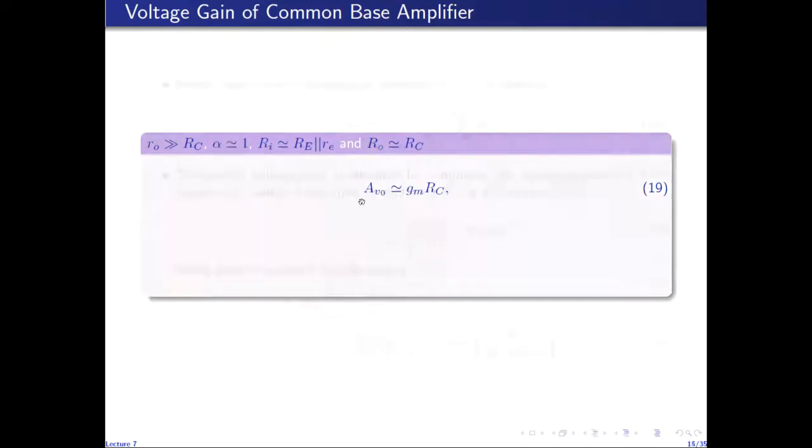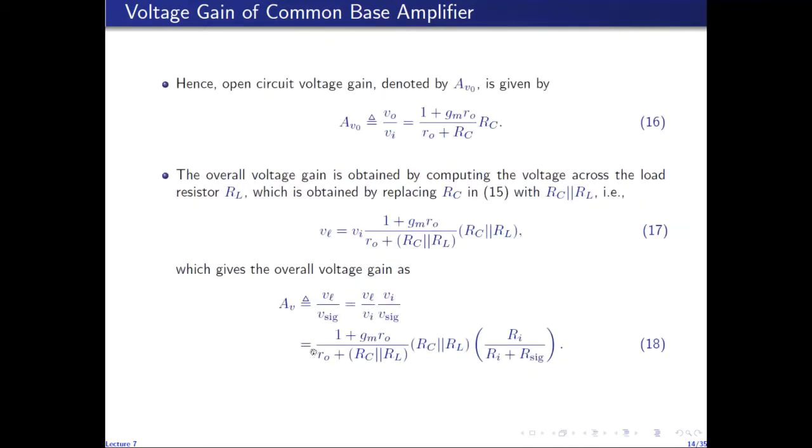On the other hand, for the loaded voltage gain, since small r0 is much greater than RC, it is definitely greater than this combination, because this parallel combination is smaller than RC. So the denominator here is again approximated by r0. Because r0 is large, GM r0 is much larger than 1, so the numerator is approximated by GM r0. So r0 gets cancelled out, and we're left with GM.